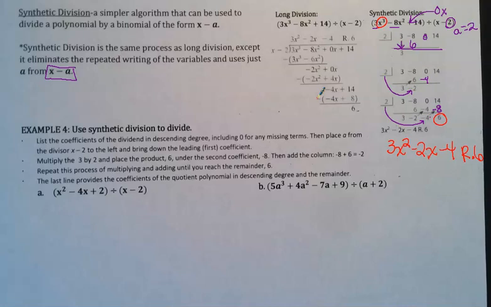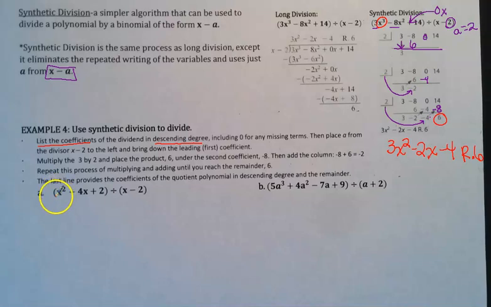All right, so let's do this first one. I think I can squeeze it on here. We're going to use synthetic division to divide. These instructions are specifically for that problem over there, so I apologize a little bit. We're going to list the coefficients of the dividend in descending degree, like always, including the 0 for any missing terms. We have x squared and x and then our constant, so no missing terms.